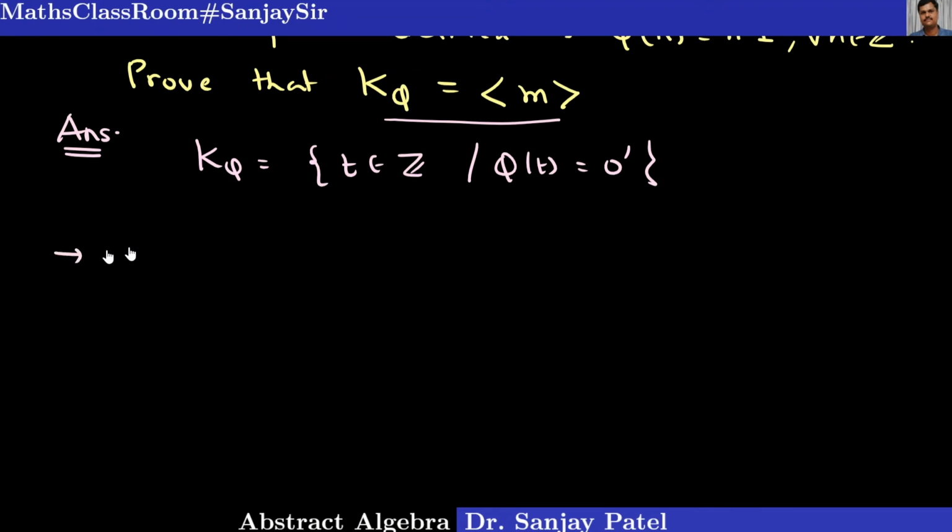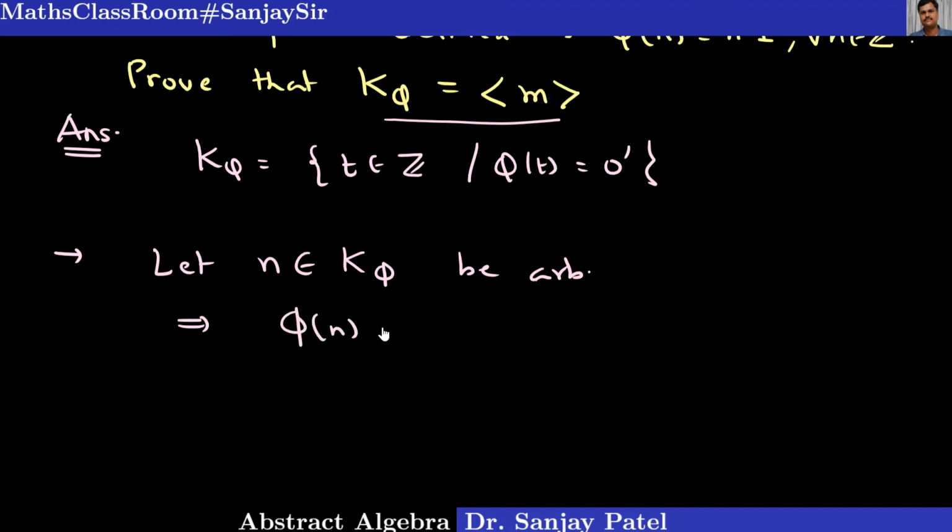So let me begin by taking any element in the left hand side set. So let say n belongs to LHS, that is n belongs to K phi. This be any element, be arbitrary. If n belongs to K phi, then by definition of K phi, we have phi of n must be equal to 0 dash, that is the 0 element of the codomain ring.